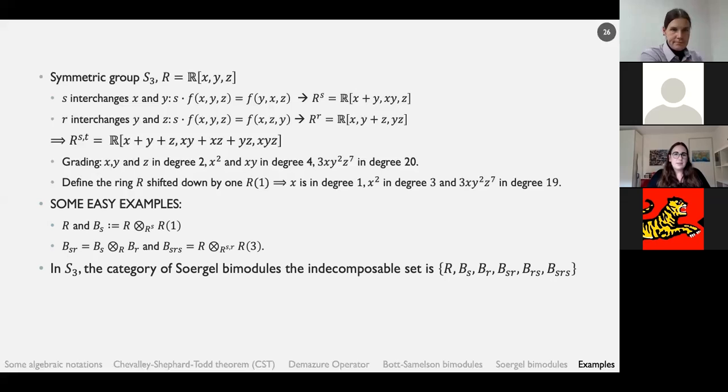Other examples are the product B_S B_R, which is the tensor product over R of B_S and B_R, and B_S B_R B_S, which is the tensor product over R^S of R and R with a grading shift of 3. In this example of S3, the category of Soergel bimodules is given by the set of indecomposables, which you can see here. But I will explain how to obtain this set after the next example.